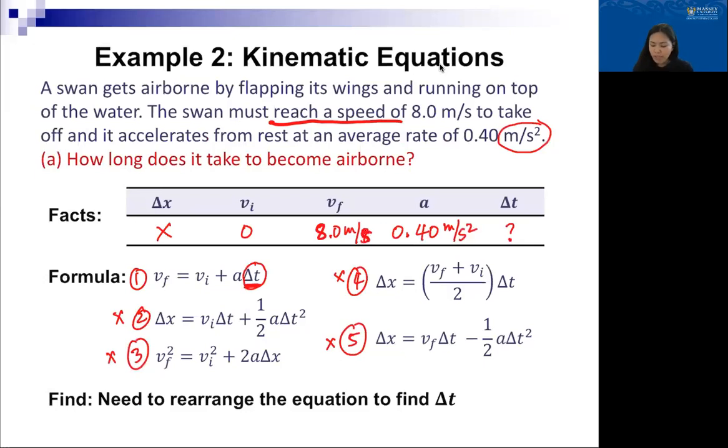So before we can use equation 1, we need to rearrange it, say delta T is equal to what? Now let's learn how to rearrange this equation to isolate delta T.